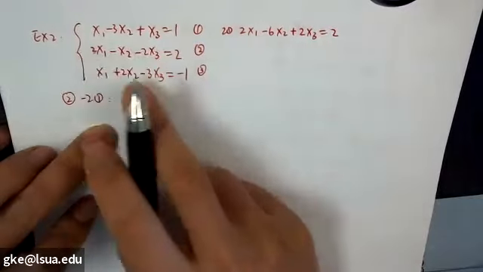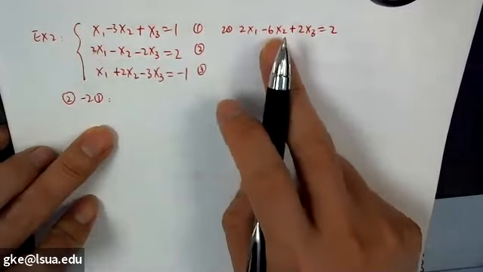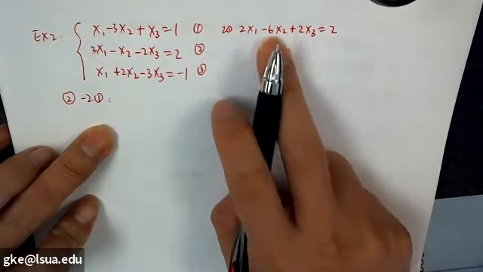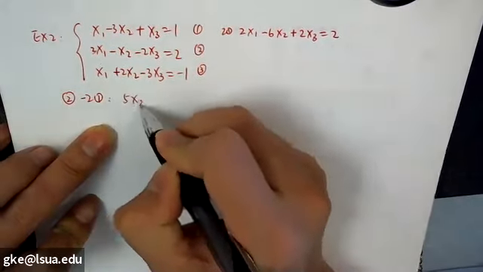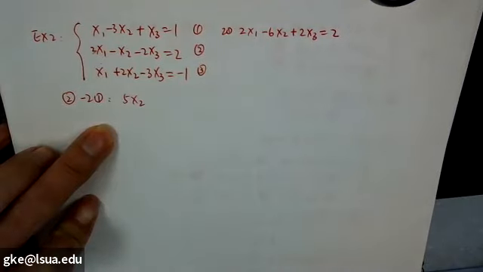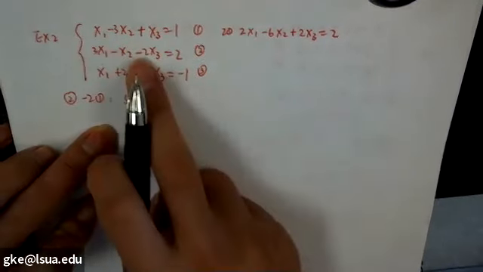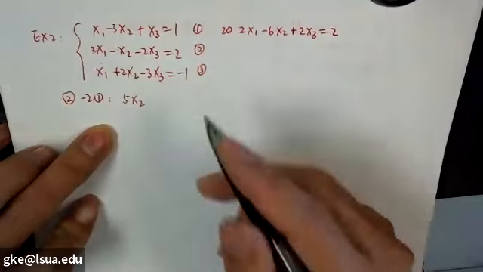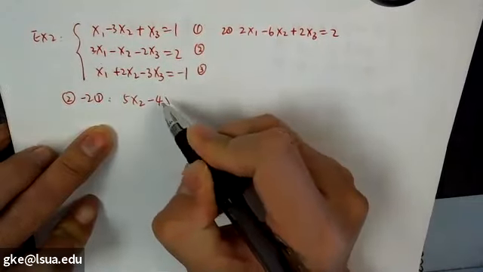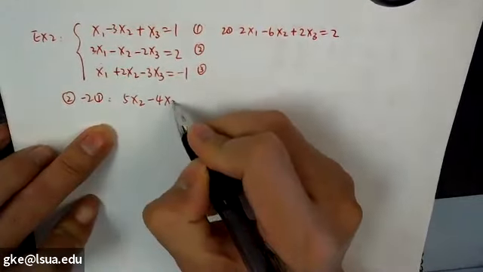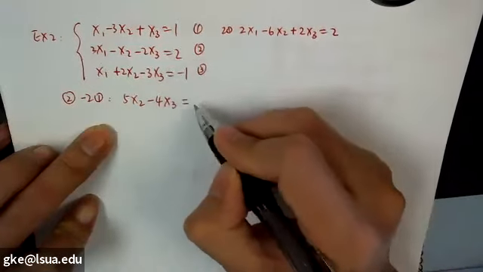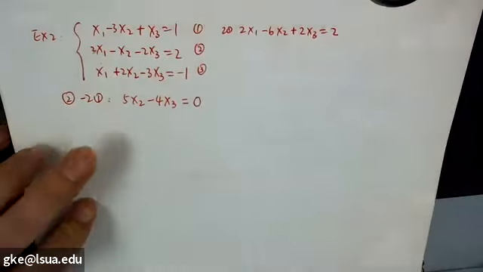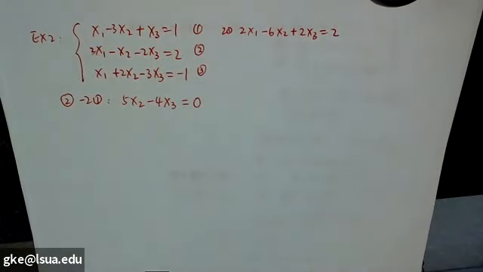We have cancel out negative x2, subtract negative 6x2, gonna be plus 5x2, and negative 2x3 subtract, gonna be negative 4x3. 2 minus 2 equals 0. Okay, that's the first one.